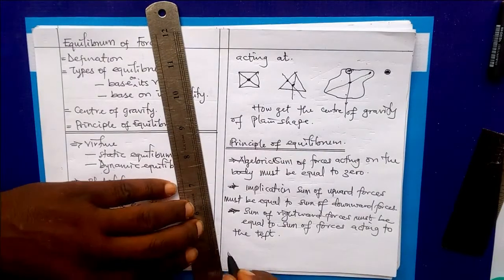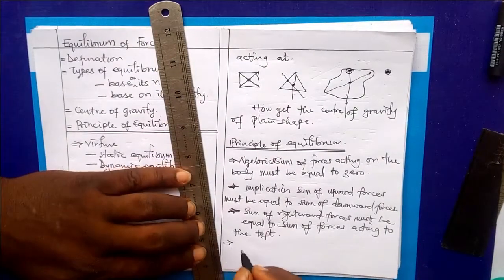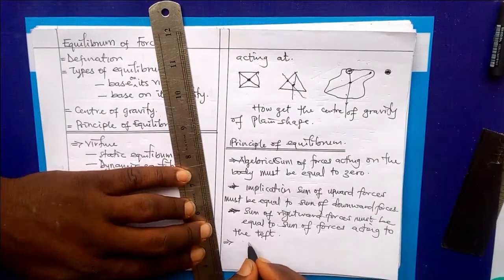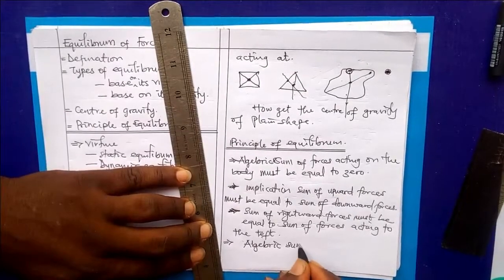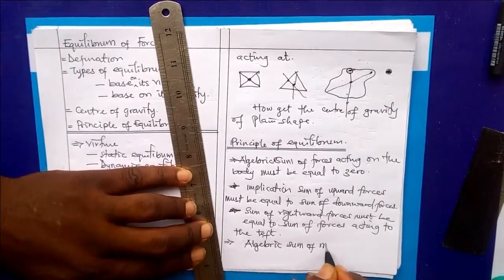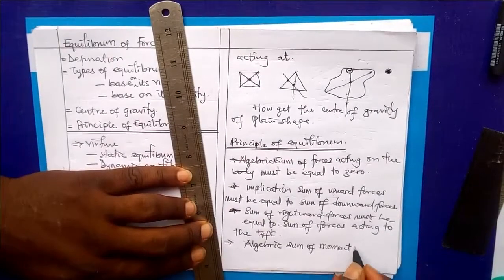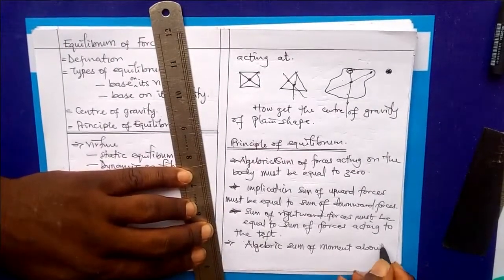The second part of the principle of equilibrium is that the algebraic sum of moments about a point must be equal to 0.